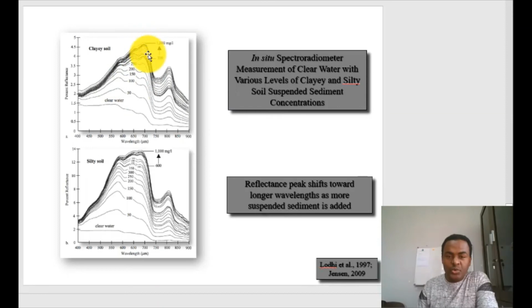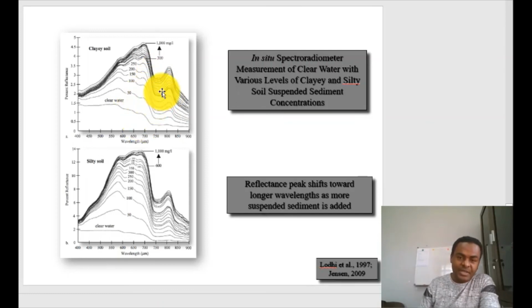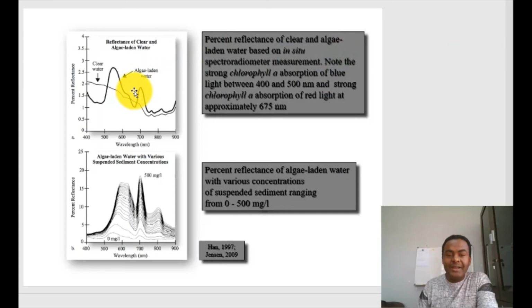This shows you the amount of sediment load, the soil suspended in the clean water. If you have too much silty soil, the reflected signal will go up like this. This also shows you algae-laden water versus clean water. Algae-laden water will have different ups and downs, while clean water will show you a very clear reflectance.